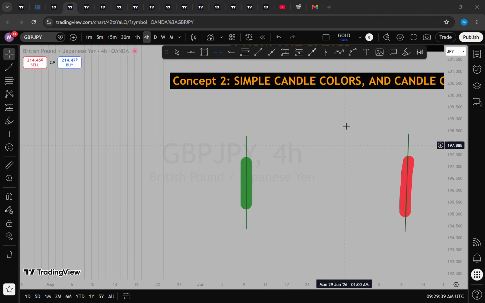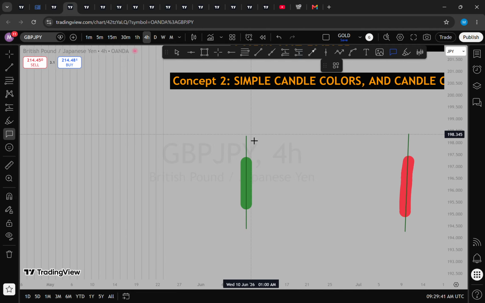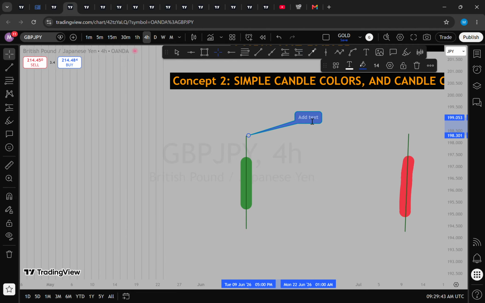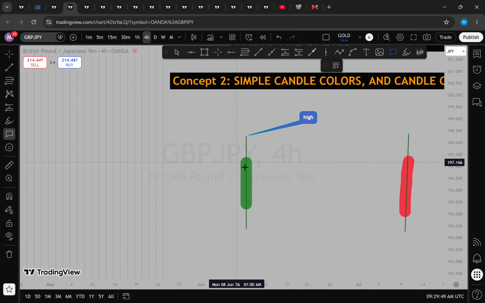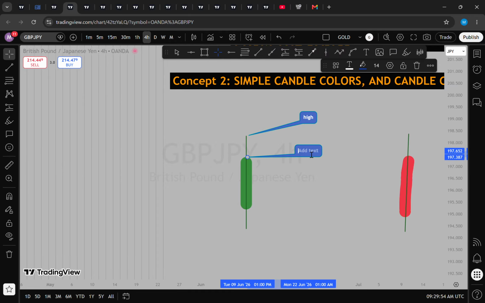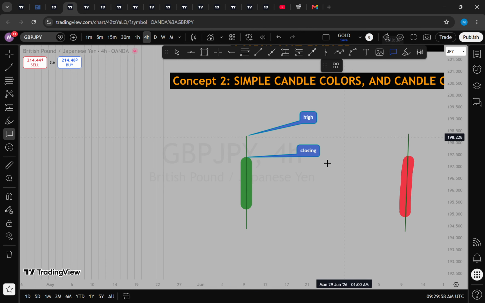So this is the high of the candle. This is the closing of the bullish candle.